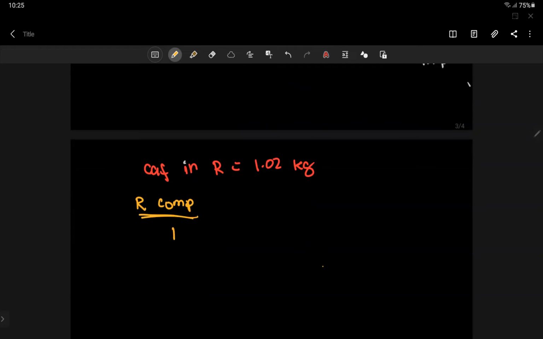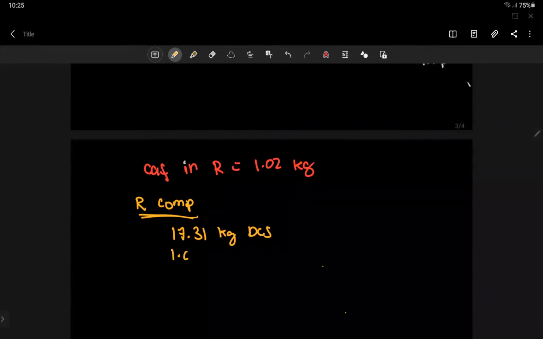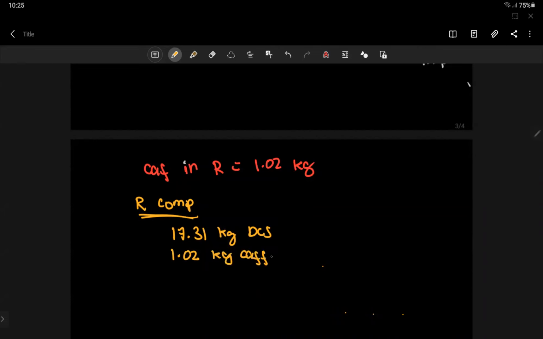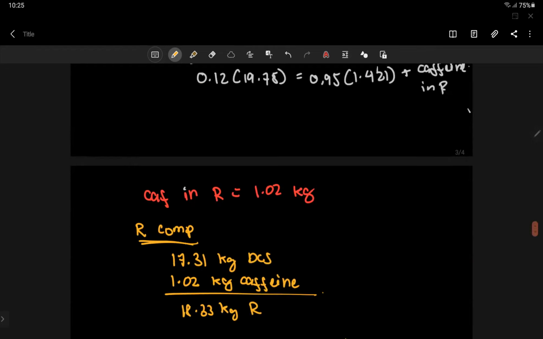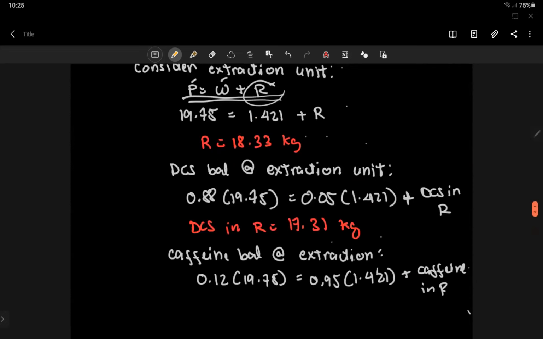We have, again, 17.31 kilogram of DCS and 1.02 kilogram of caffeine. If you add these two, you will get 18.33 kilogram of R, which is consistent siya dun sa na-solve natin na R kanina.